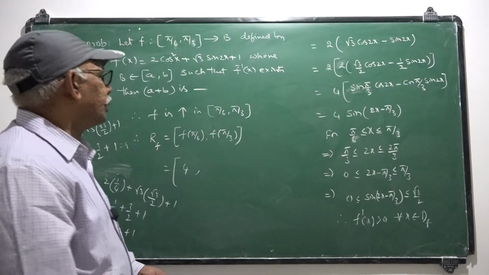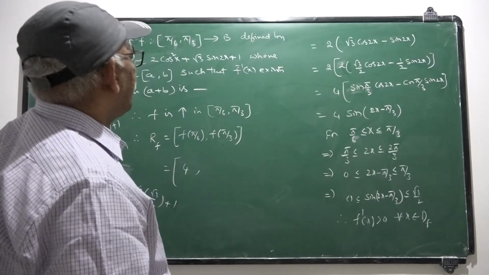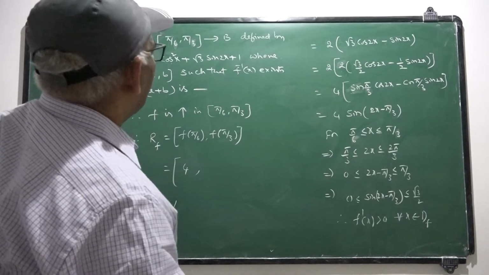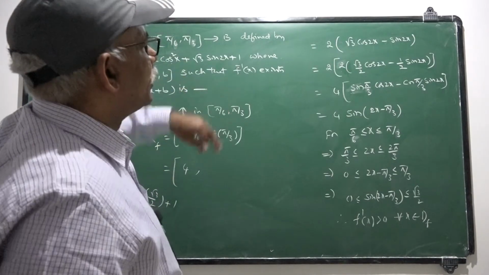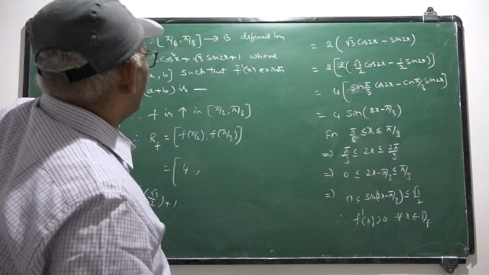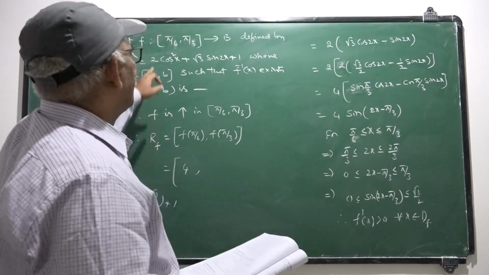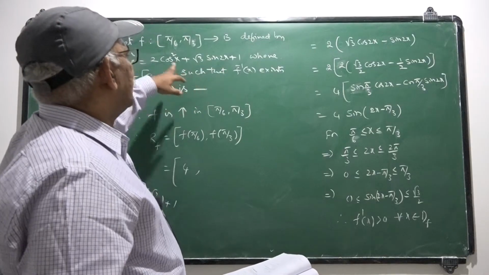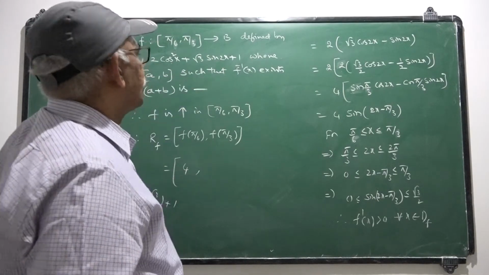Once again you go through the values here. Pi by 3 is the lesser value. So f dash x is 2 into 4 cos x minus sin x, minus 2 sin 2x plus root 3 into 2 cos 2x.